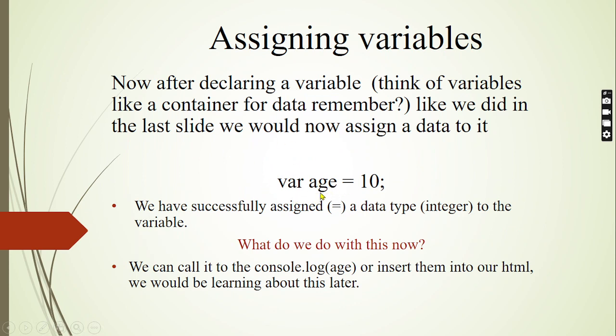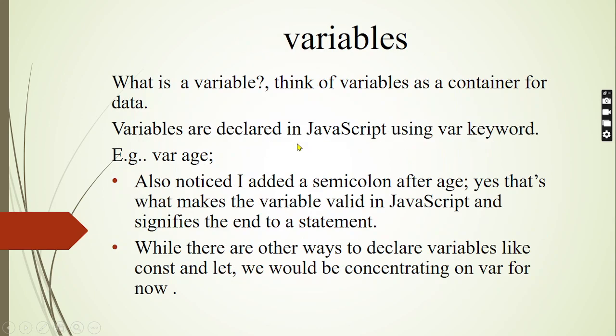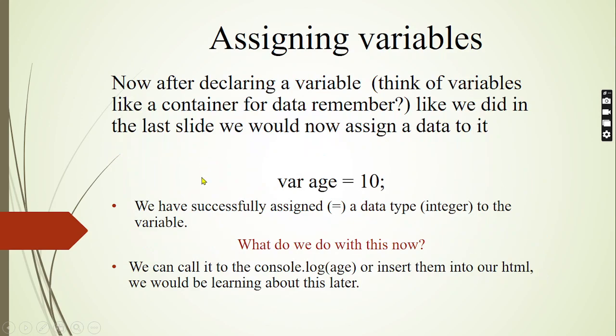Now assigning variables. Remember I said we declare variables that are like containers. So we declare a variable age, var age, which is what we did here. Now, assigning the variable, we have assigned it to 10. So anywhere we call this age throughout the JavaScript code, what is going to appear is 10.